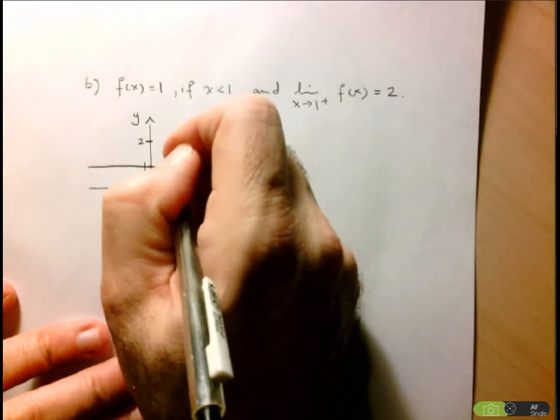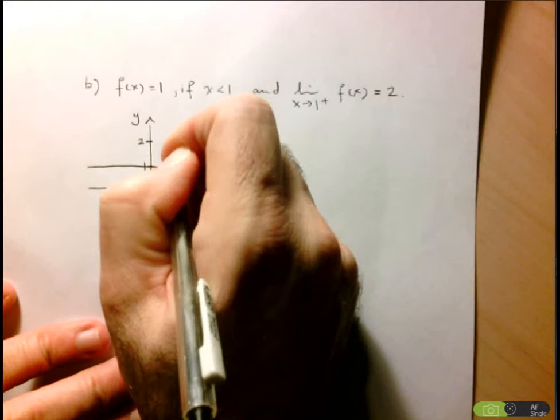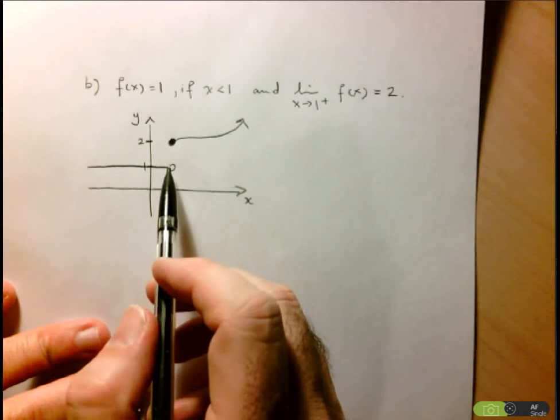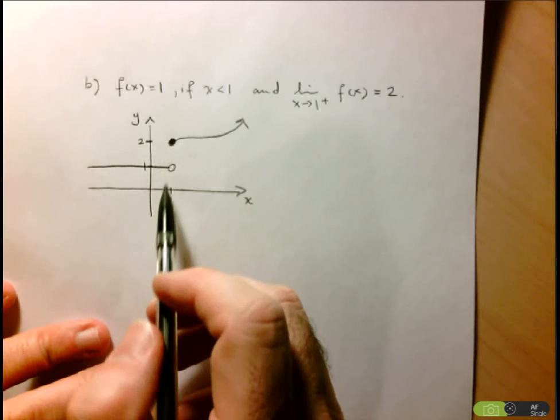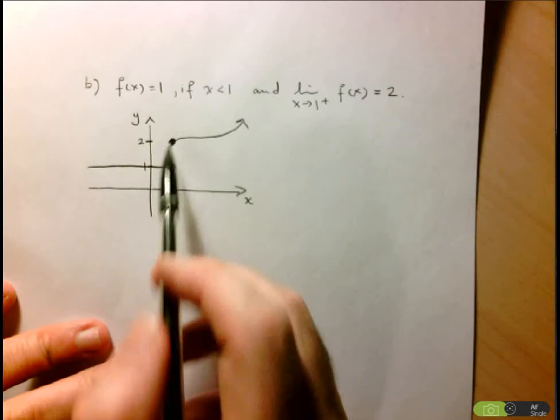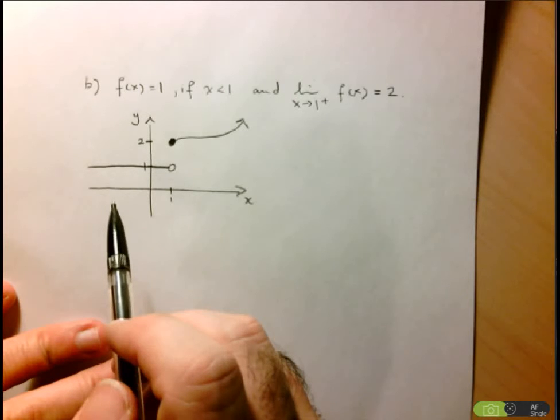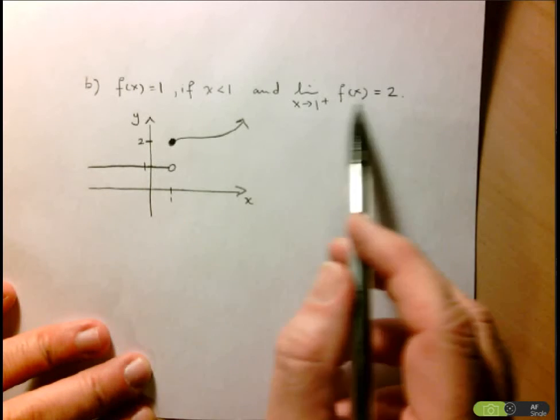Nothing stops me from filling this circle in. There's no indication that the function even has to be defined at x equals 1. So I could have left it as an open circle, or I could have put a closed circle. In the end, either of these would be functions that satisfy the conditions here.